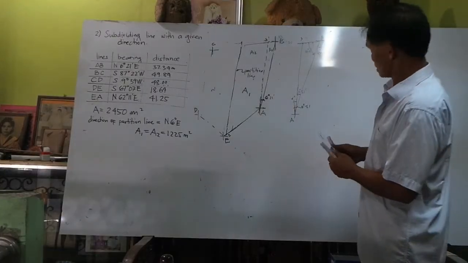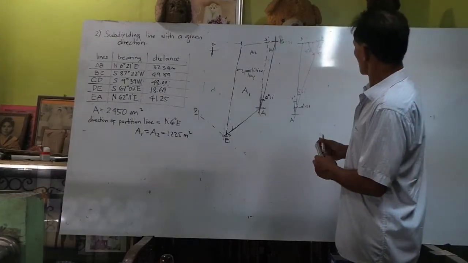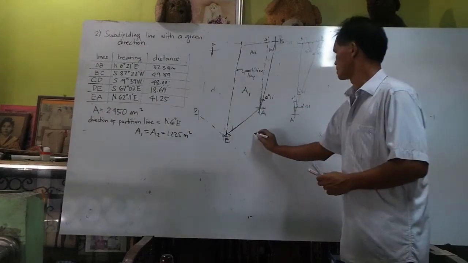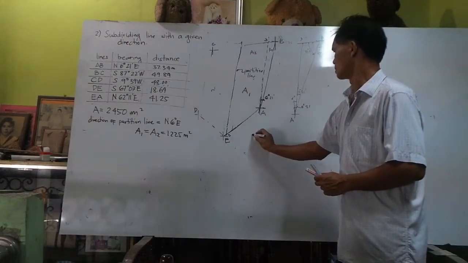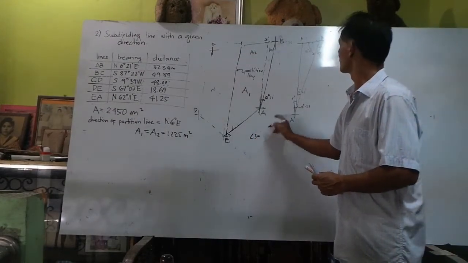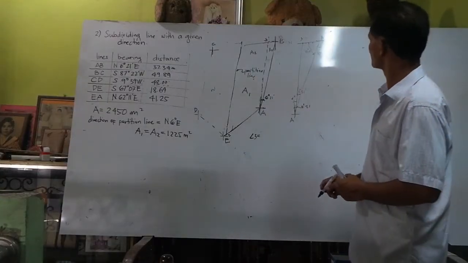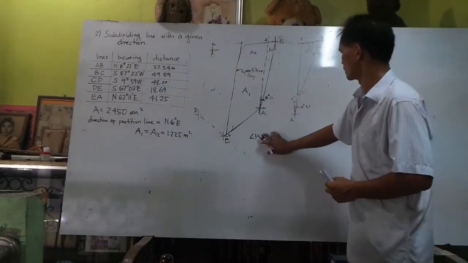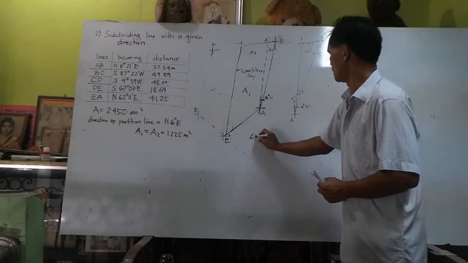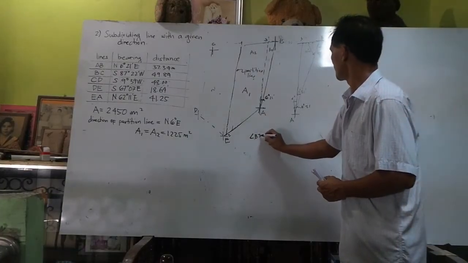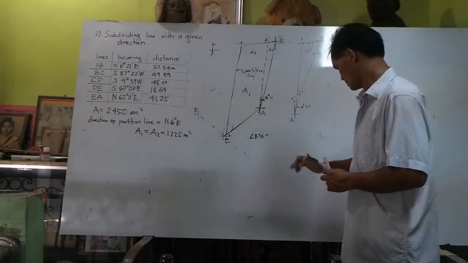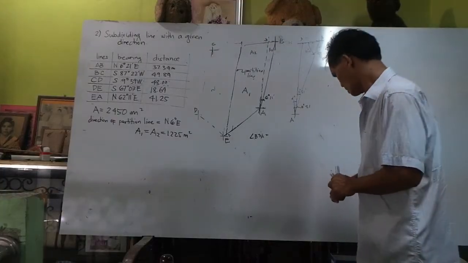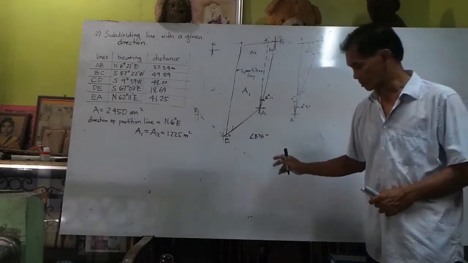The angle at 3, so this is a triangle. This angle is angle B3A, or A3B. That's still the same.